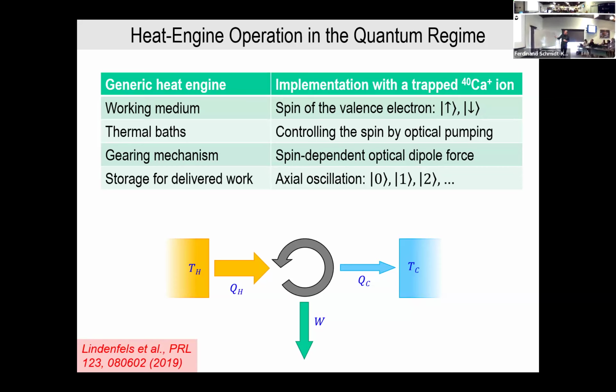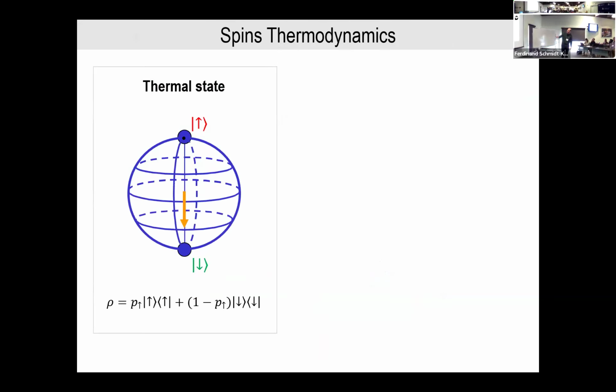And then we can deliver work really in different quanta. Now we are approaching really a quantum regime because we can now count these phonons one by one, okay? So again, heat engine here, and that is done. This is the thermal state. The probabilities here we can control by optical pumping.